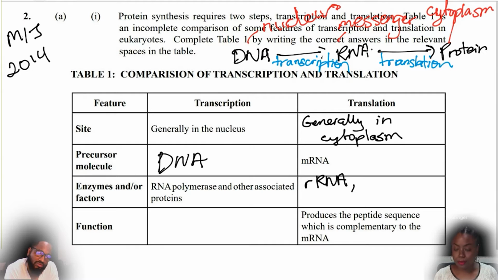Another one we can talk about here: for the ribosomes to be able to join the amino acids together, something has to bring the amino acids to where the ribosomes are. What brings those amino acids is a different type of RNA, again, known as tRNA, that is transport RNA, or transfer RNA.